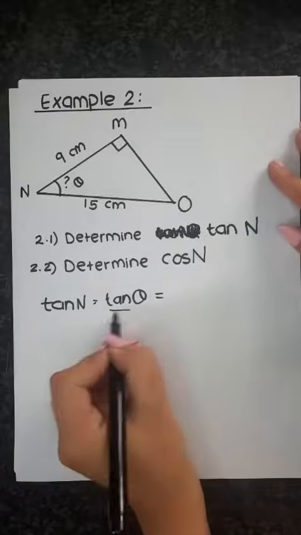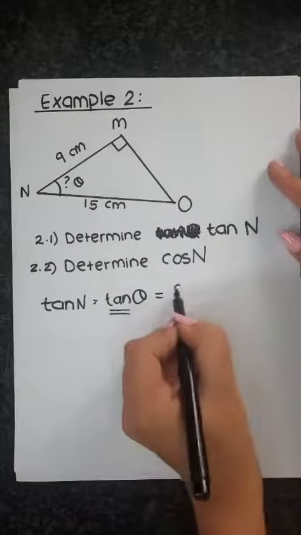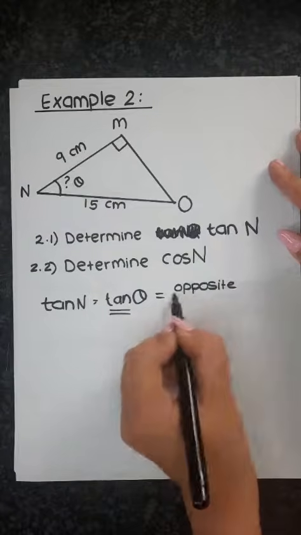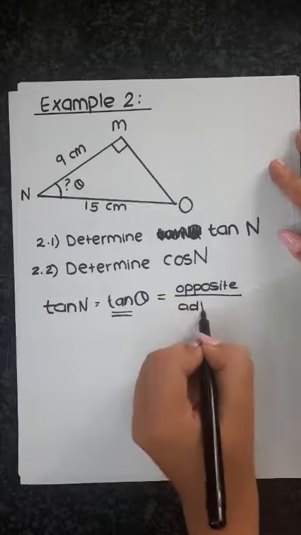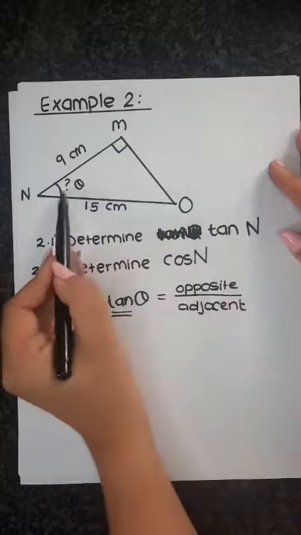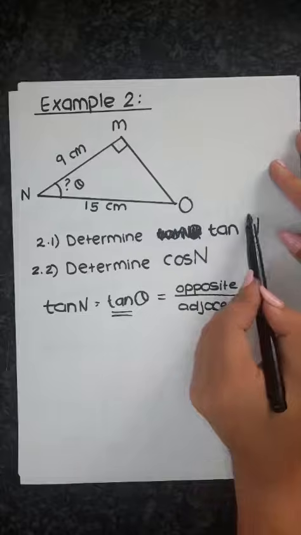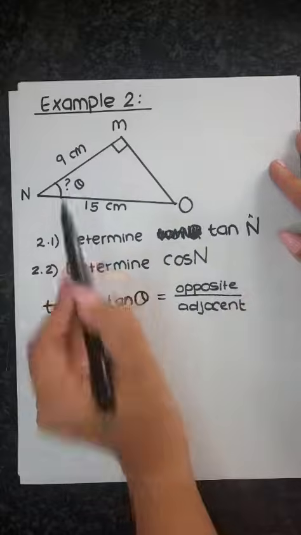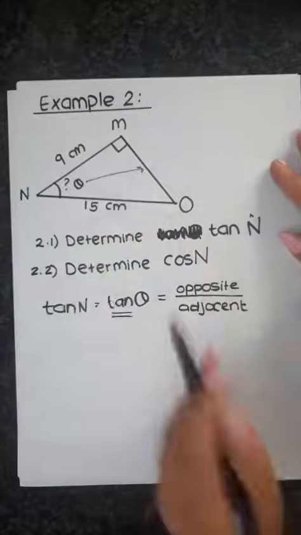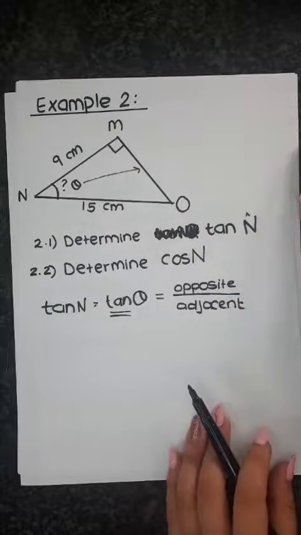What is my ratio for tan? Tan is opposite over adjacent. Now look at my angle N, because they want me to determine tan N, or theta, I called it theta. What is opposite my theta? MO.